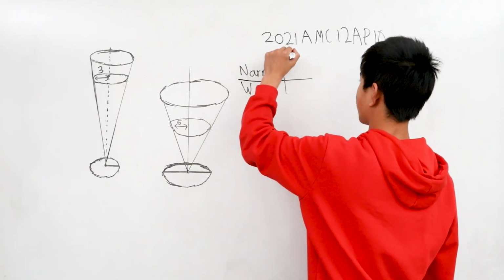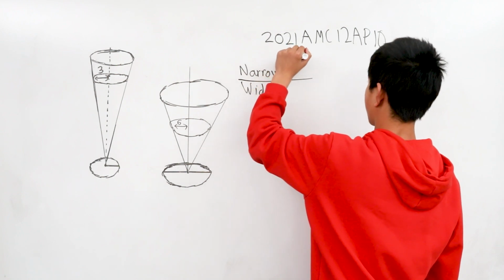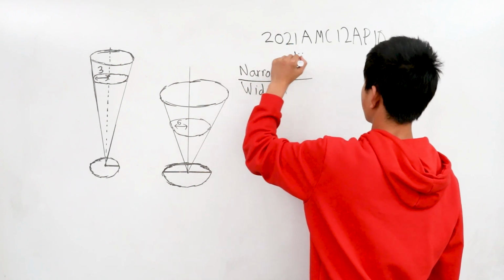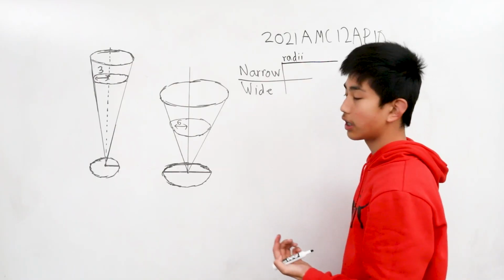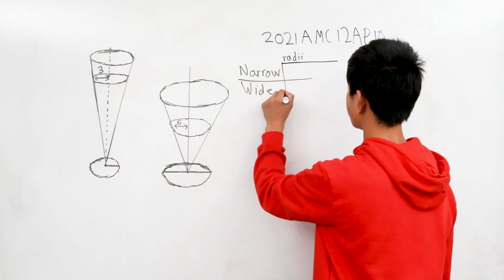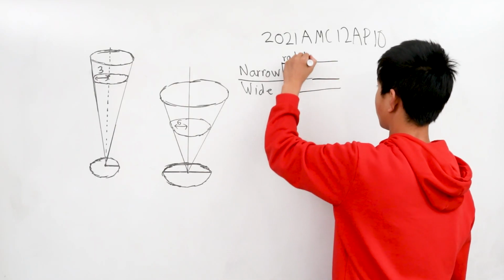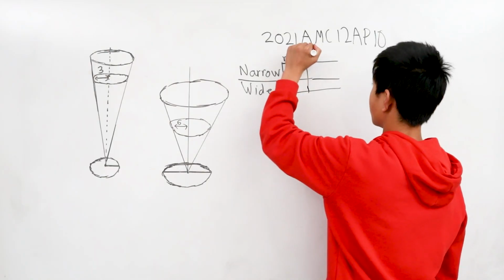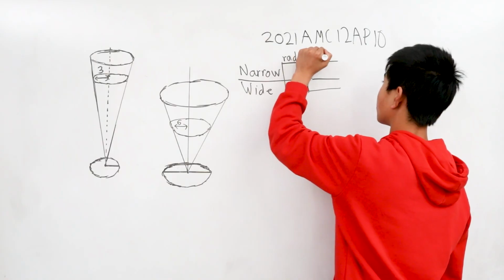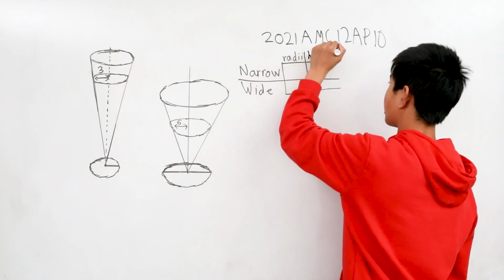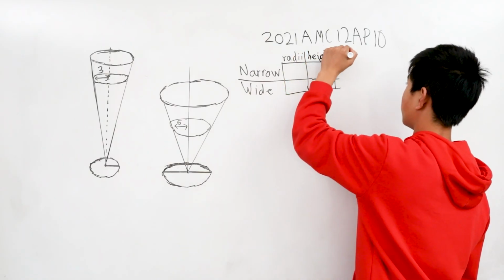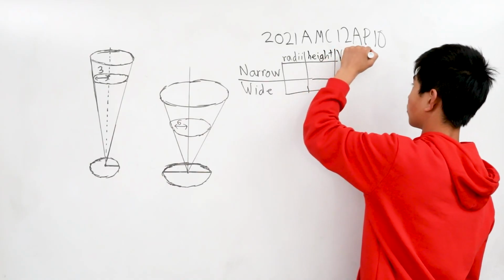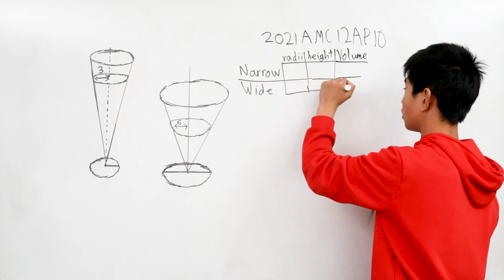Here is the radius, or radii, because we're talking about more than one, and it's the radii at the tops of the waters, because it helps us find the total volume of the water. So we have the radius, height, and volume.